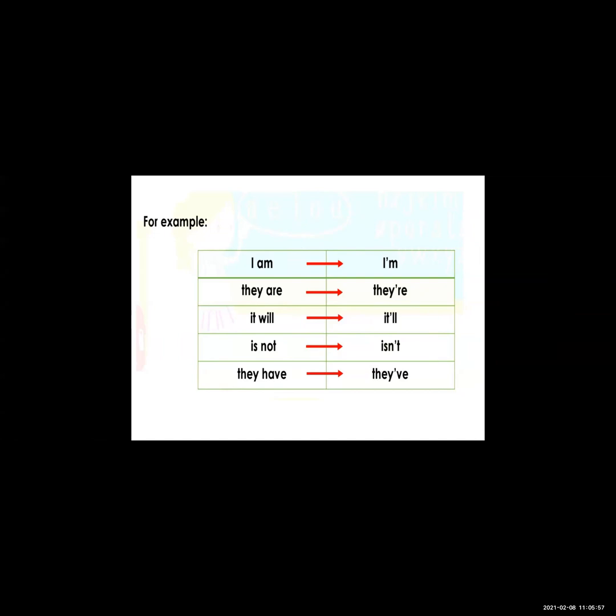So is, then you will put an apostrophe after is, and then T. And what is the pronunciation of this? This is isn't. Is not, isn't.